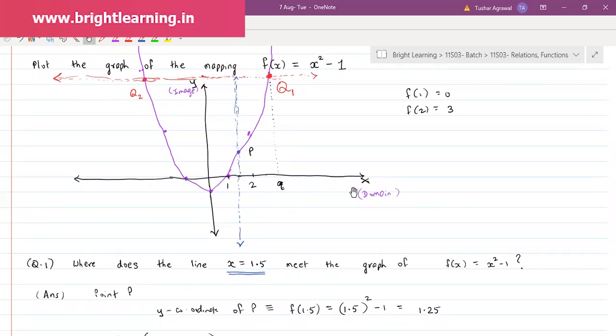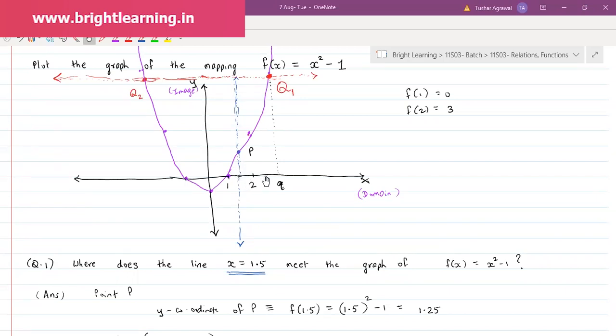So now observe one thing. What is the definition of a function? The definition of a function is that each and every point of the domain should have an image. And the second condition is that they should have exactly one image. So if my domain is on the horizontal x-axis, all the points should have an image, and exactly one image.